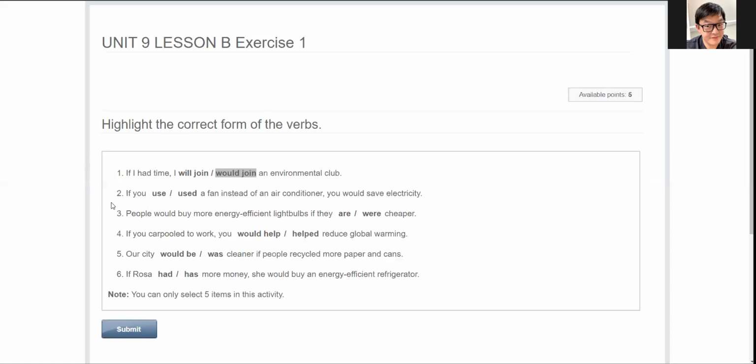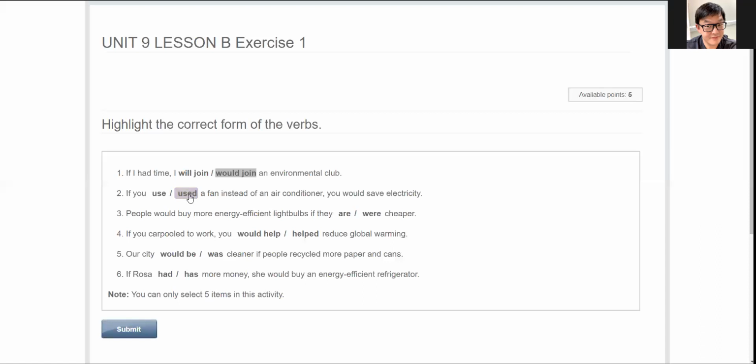So let's go to sentence number 2. If you use or used a fan instead of an air conditioner, you would save electricity. If you use or if you used. Correct answer is used. If you used a fan instead of an air conditioner, you would save electricity.